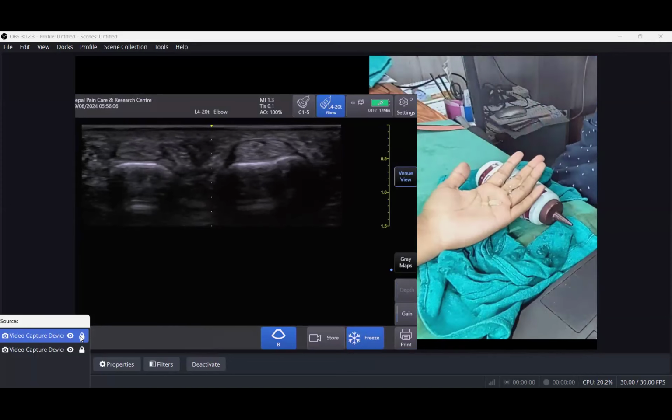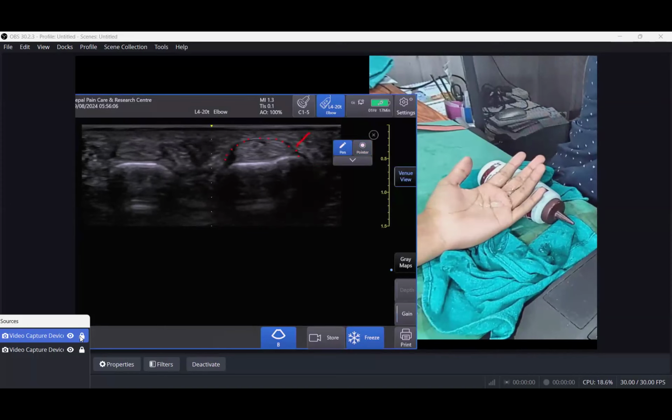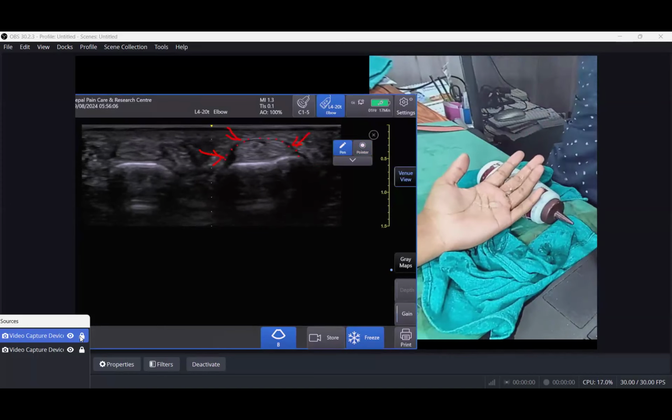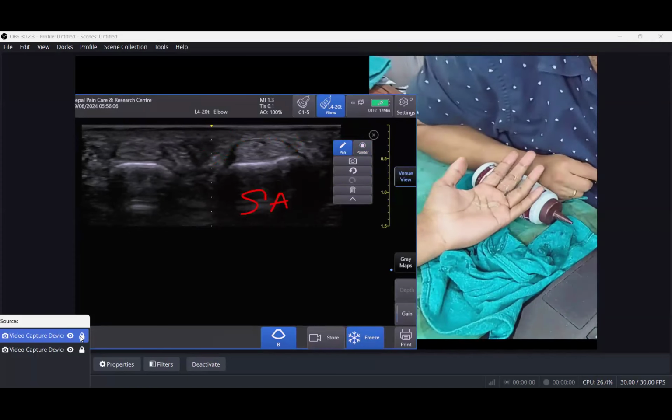Here, if you appreciate, this black, thin ribbon-like structure is basically around the tendon. Can you appreciate it? Yes, sir. So that is the pulley in short axis. It is easier to see the pulley in short axis.